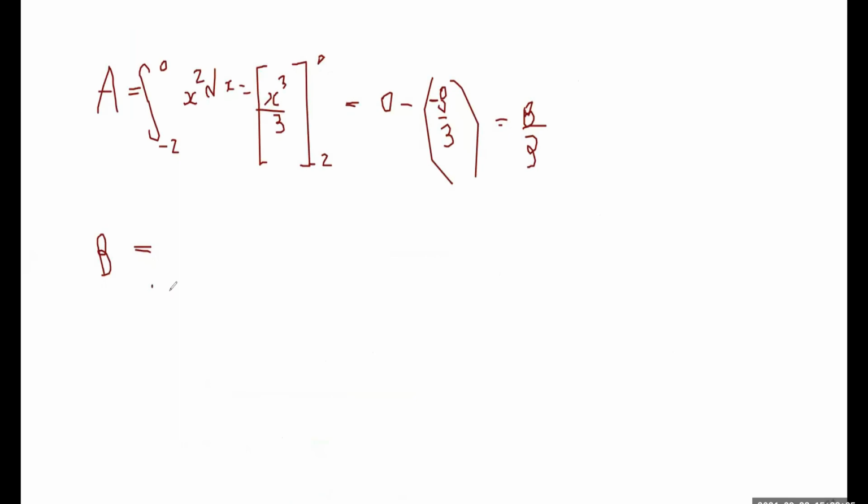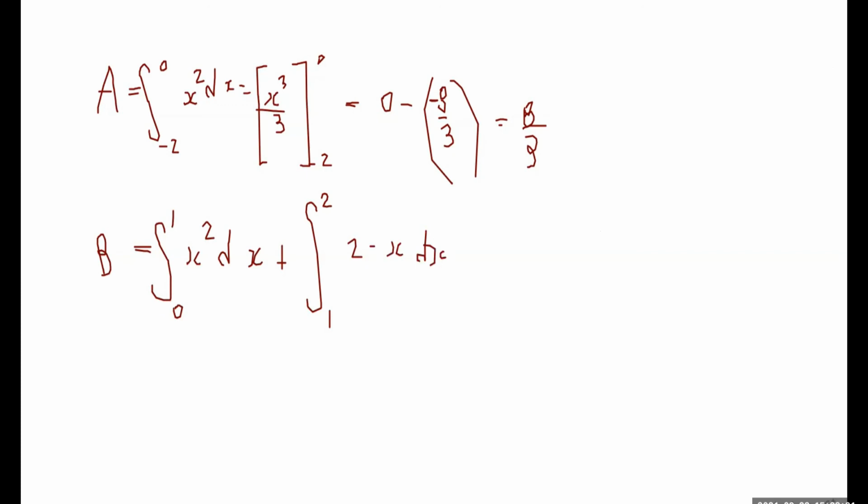So for B, it's the integral of the curve from 0 to 1 of x squared dx, plus the integral of the line from 1 to 2 of y, which is 2 minus x, so 2 minus x dx.